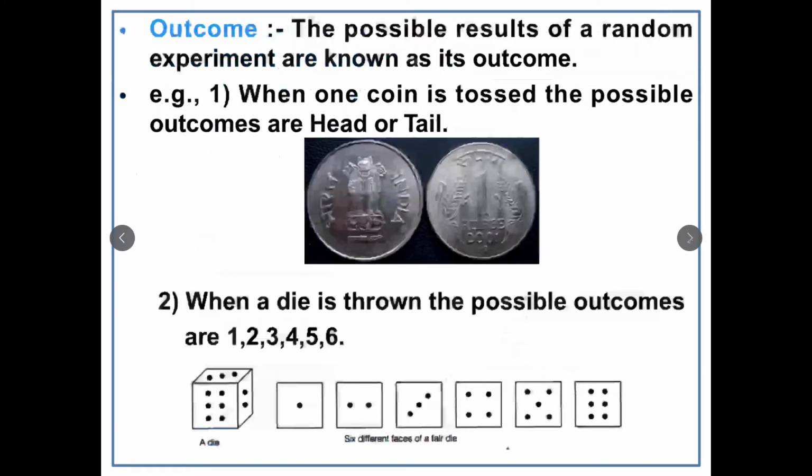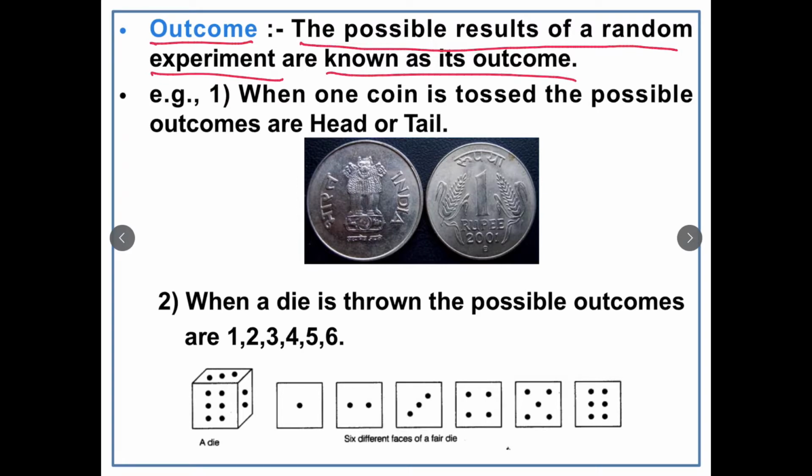Moving ahead to the next one, we have outcome. Outcome is simply the possible result of an event. The possible results of a random experiment are known as outcomes. When we perform an experiment, like tossing one coin, the possible outcomes are heads or tails. So when we toss one coin, it can fall on either a head or a tail. Both head and tail are the outcomes of this event. The experiment here is tossing of one coin.